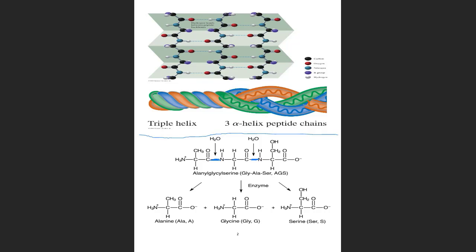In living systems, like in the body, the peptides are hydrolyzed with enzymes. So that's why here it says if we treat a tripeptide with an enzyme, we add water across the peptide bond. So let's look at the peptide.